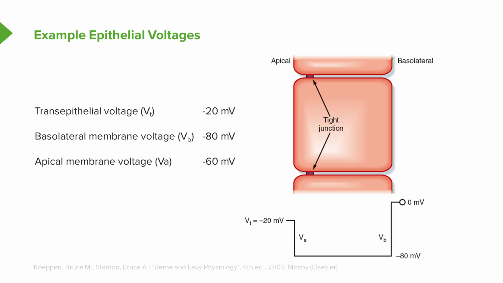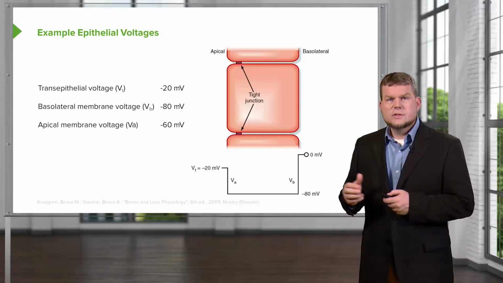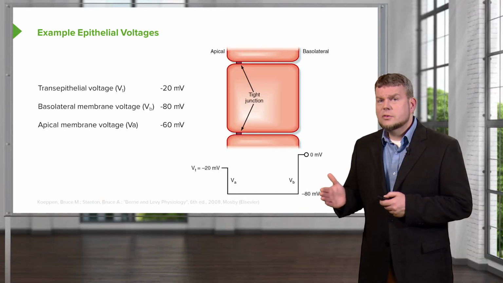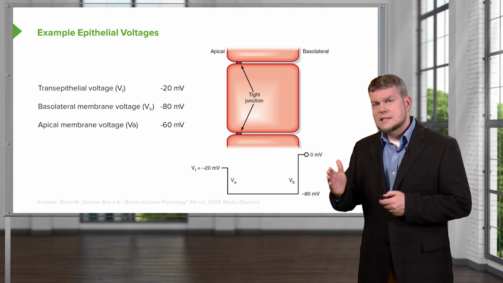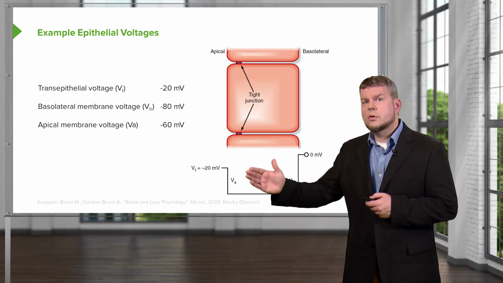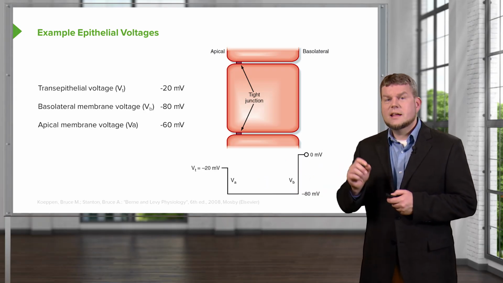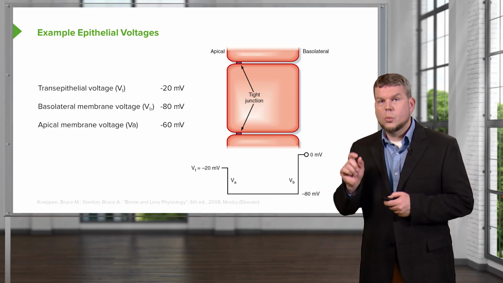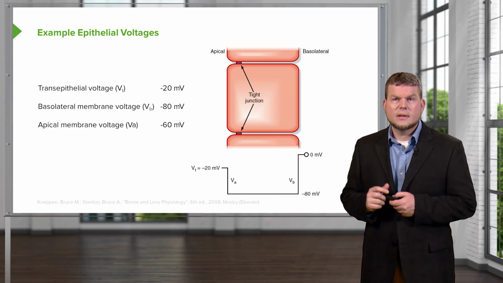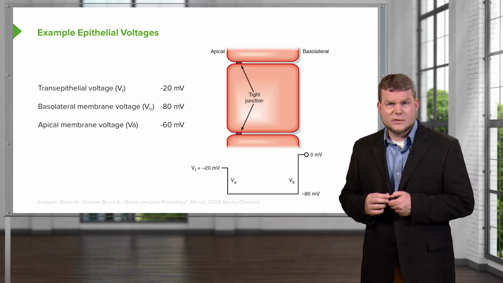Therefore, there is a 20 millivolt difference between those two sides. So it's possible to involve ions differently that might want to move across the whole entire tissue that don't necessarily want to move across one membrane or the other. Let's keep going through some examples of these.